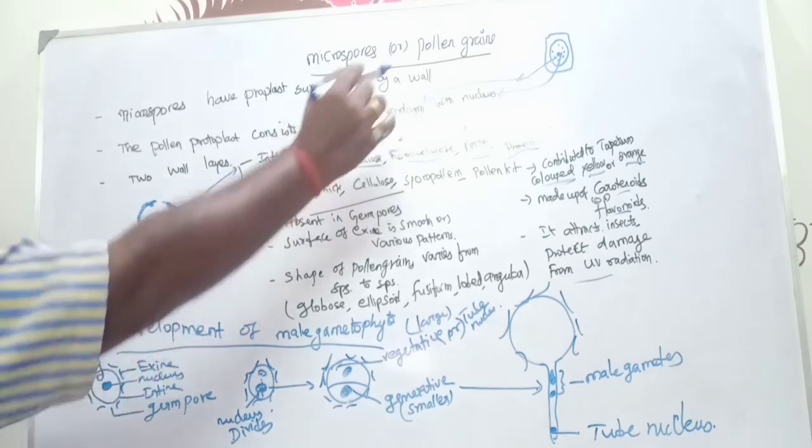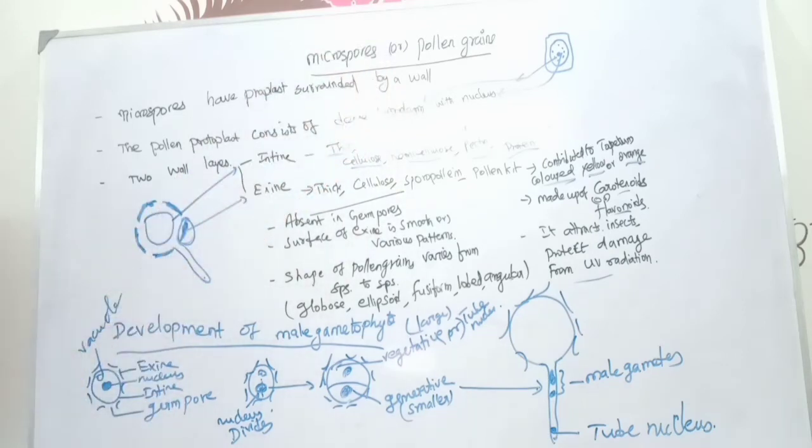The nucleus of the microspore divides mitotically to form vegetative and generative nucleus.